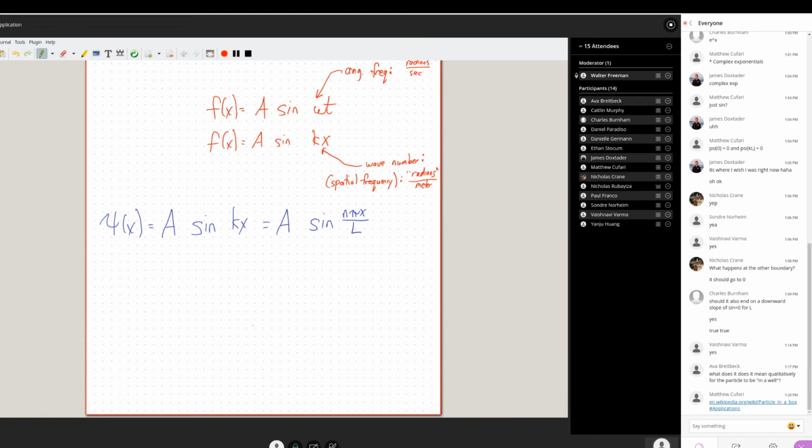But we can do even one better. These are the wave functions for n equals some integer.